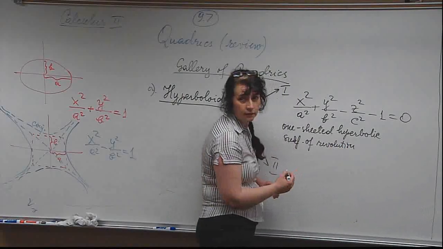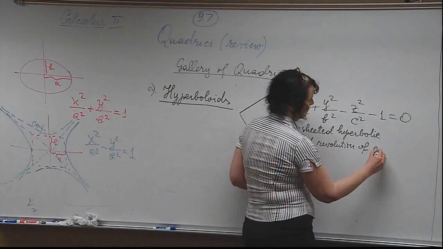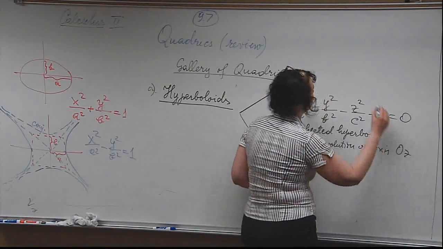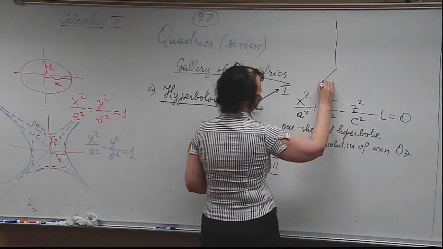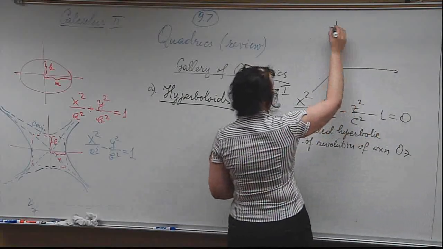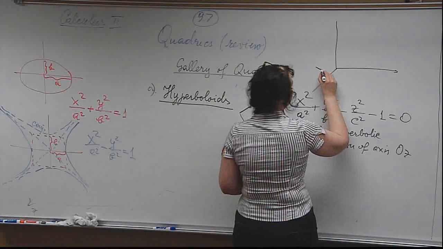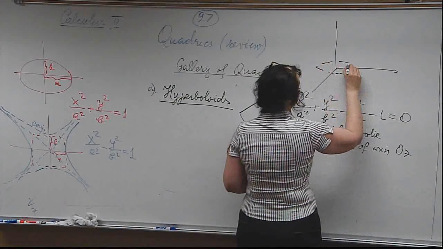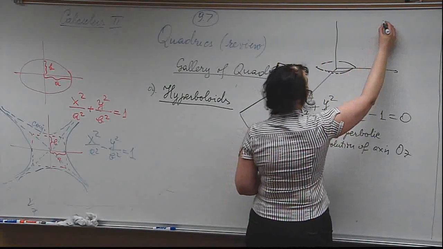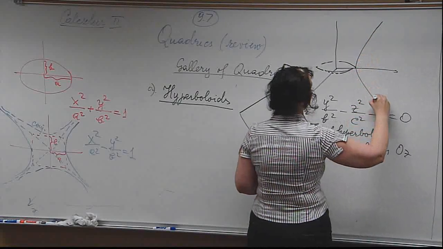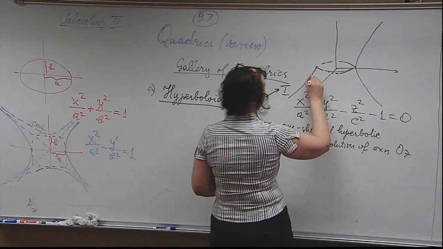What axis? Of axis OZ. So I'm going to go ahead and draw that. I'm going to draw as well as I can. I cannot draw very well today. Although I had 3 cups of coffee, it doesn't matter. I'm still shaky when it comes to drawing.